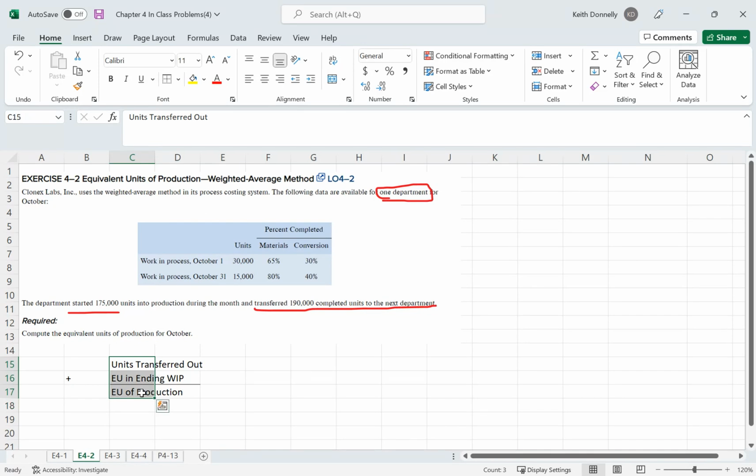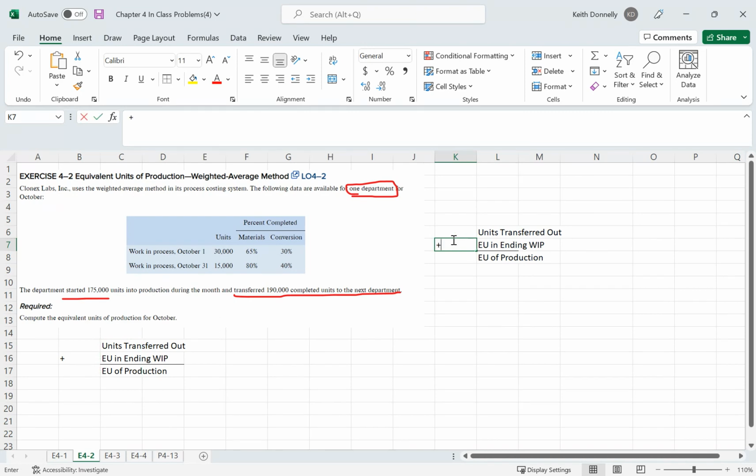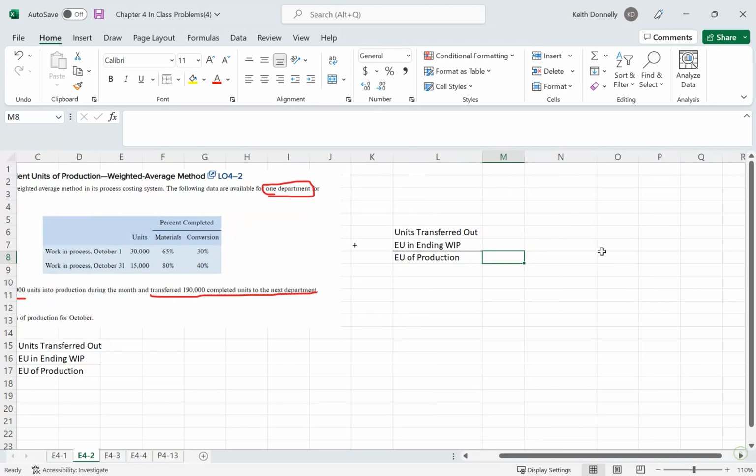Okay, so let's kind of snag this and we can use that as a template to work from over here. So we're going to have to account for our direct materials and our conversion costs. So in this way, right, we said, hey, we transferred 190,000 units out. So we know how much we produced in this case, we're going to have 190,000.